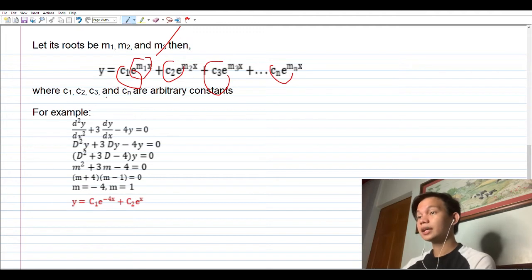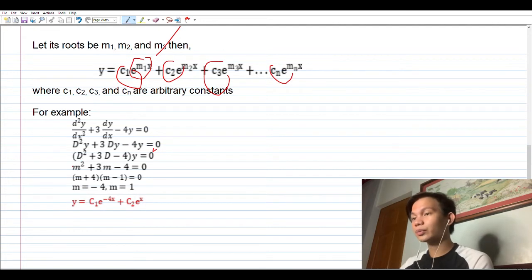So for example, d squared y over dx squared plus 3 dy over dx minus 4y is equal to 0. Then we can rewrite this equation into capital D squared y plus 3 capital D y minus 4y is equal to 0. Factor out y from the equation, and then we get the quantity of capital D squared plus 3D minus 4 times y is equal to 0.